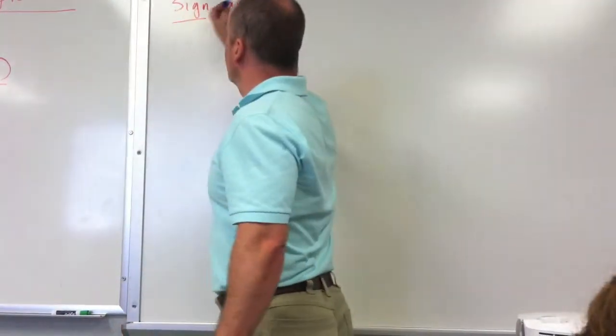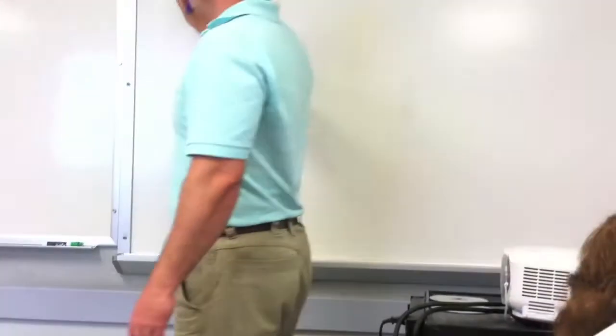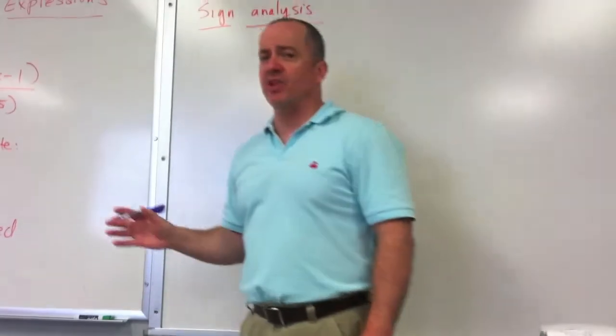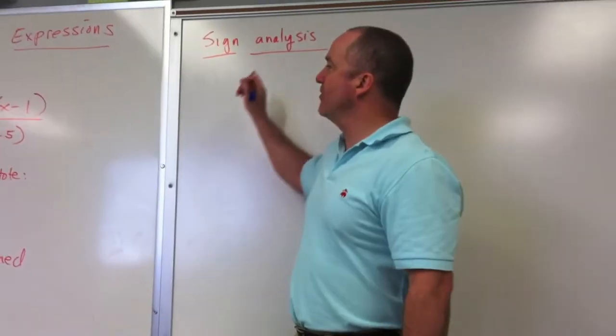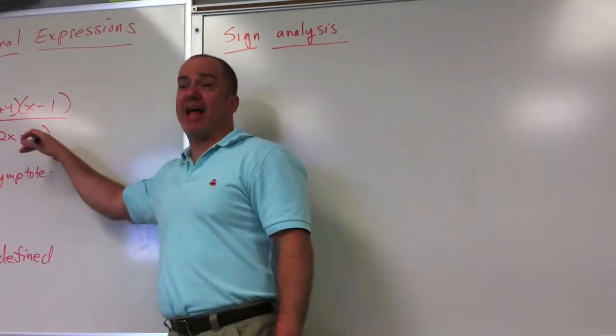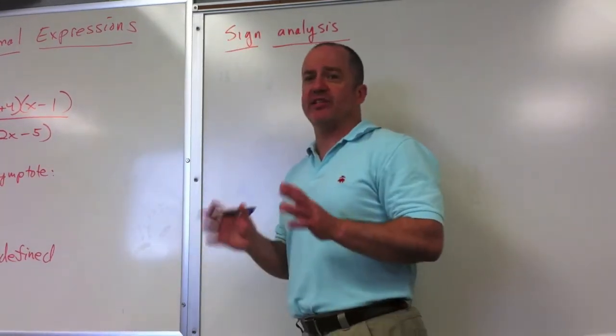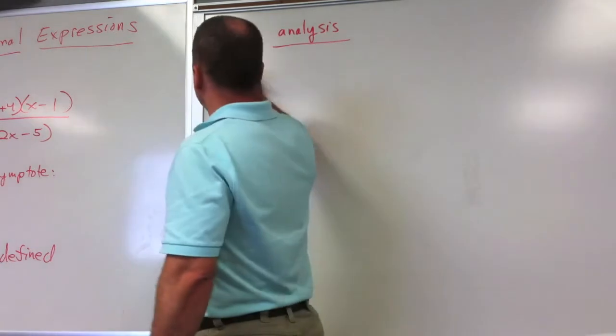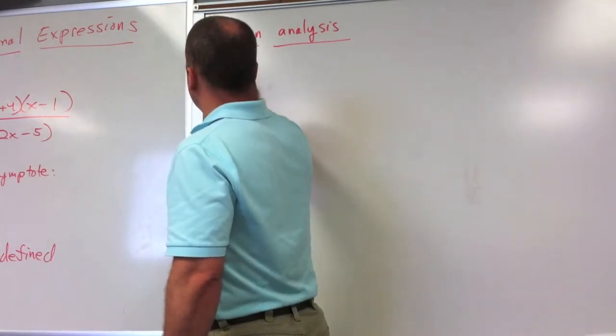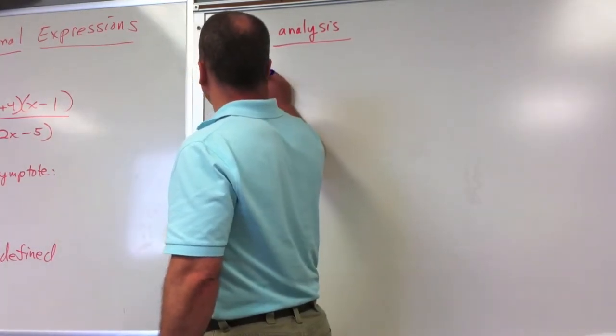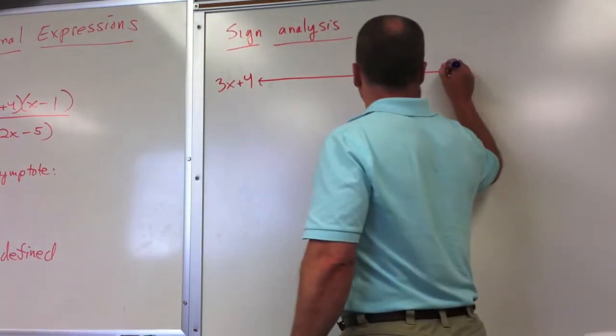So here is sign analysis. What you do for sign analysis is you make a number line for each of the factors, top and bottom. And on that number line, all you indicate is positive, 0, or negative. So 3x plus 4 gets its own number line.